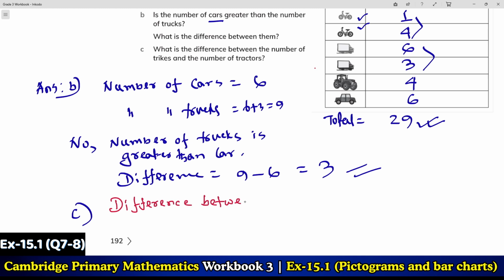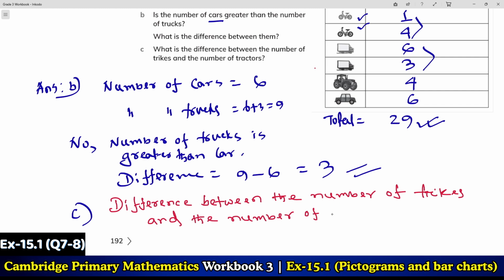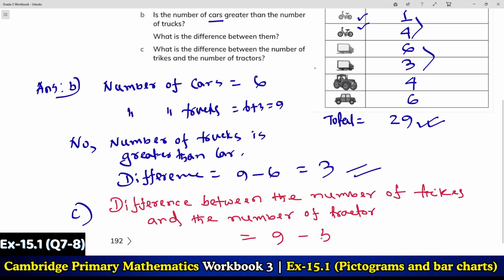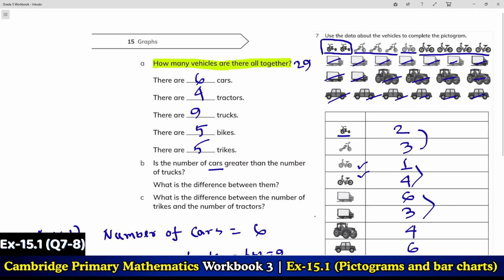So tractor 9 and trikes how many? 2 plus 3, 5. So the answer is 4. So question 7 is done.